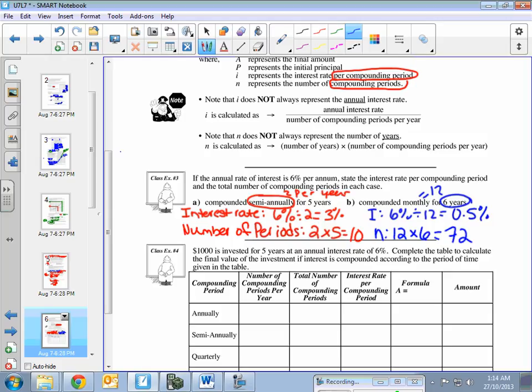So your i, interest rate, will be your rate per annum, and you want to divide by your compounding period.